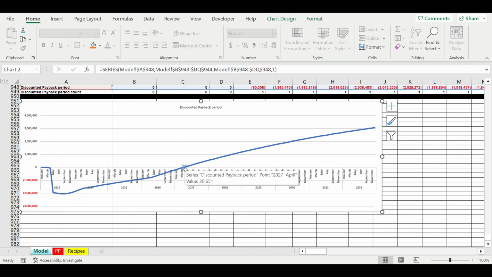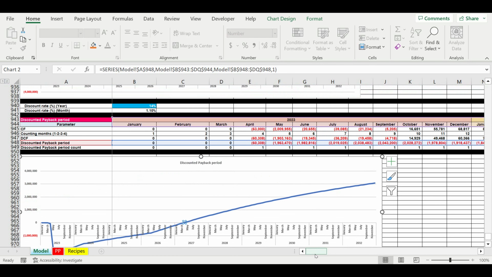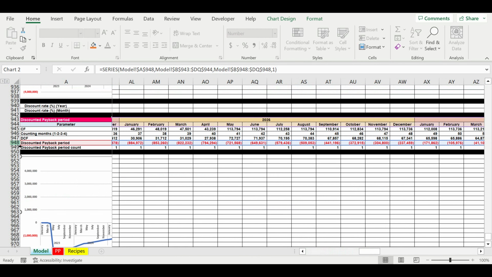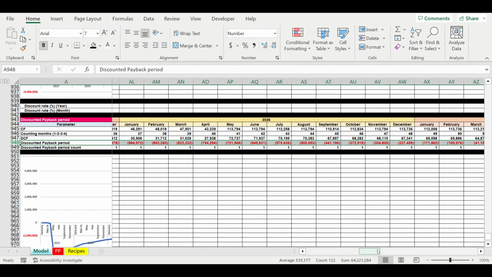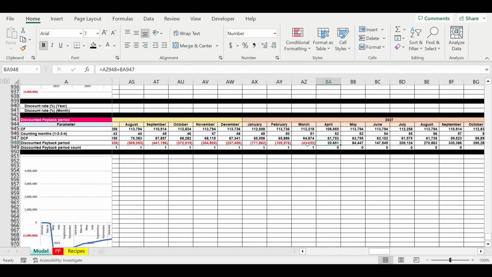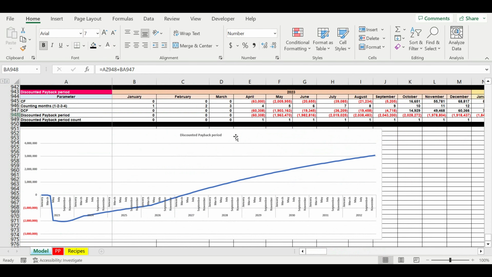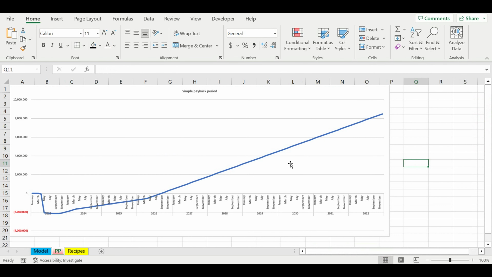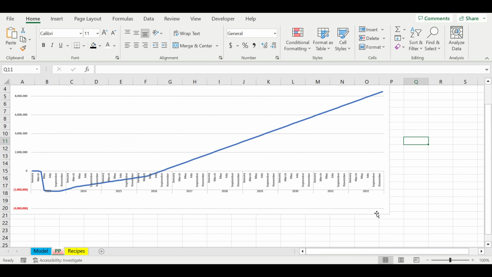So we can go to this line. So yes, it is April 27 when negative becomes positive. We can copy this diagram, place it, for example, near simple payback period.